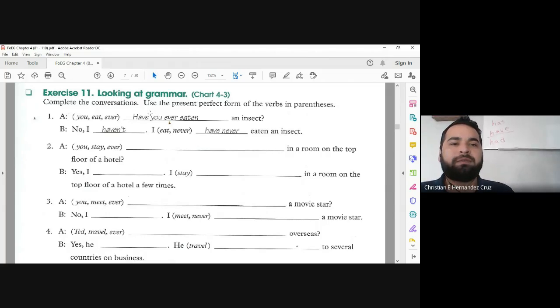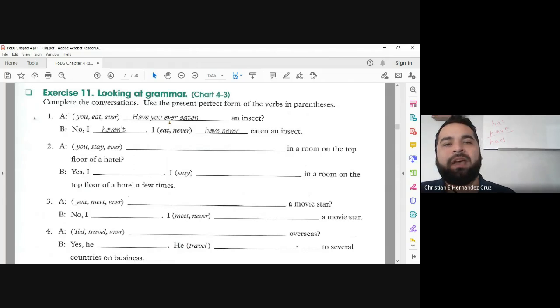So we have you, which is identical here. We have eat, which would be the main verb, and you can see it is in its past participle form. And we use ever, which is also exactly as it is written. So you eat ever. We just change it up, and we use have, and then we complete a question.